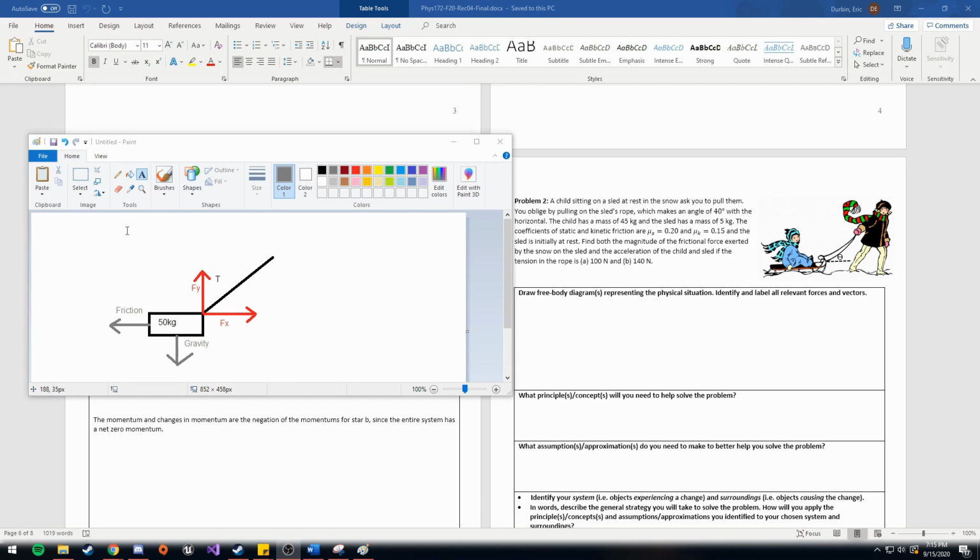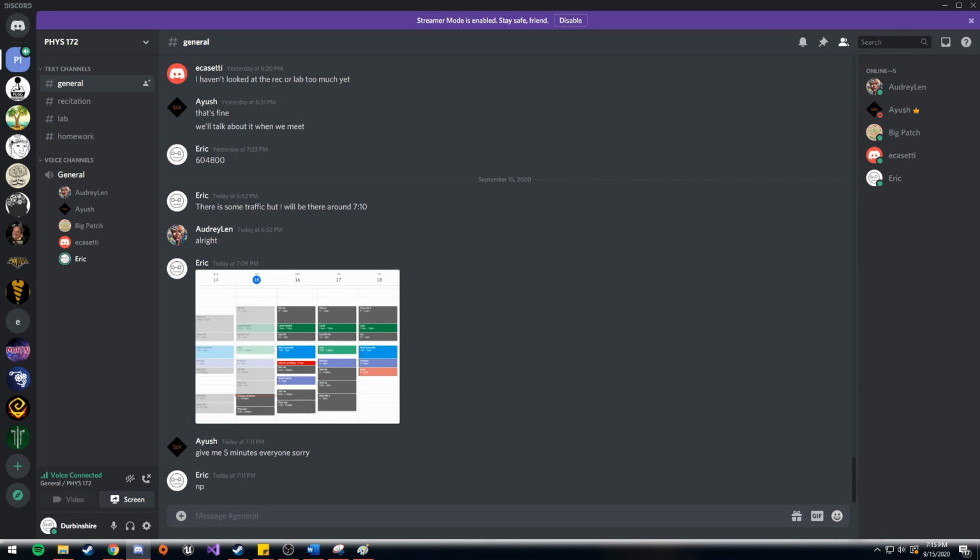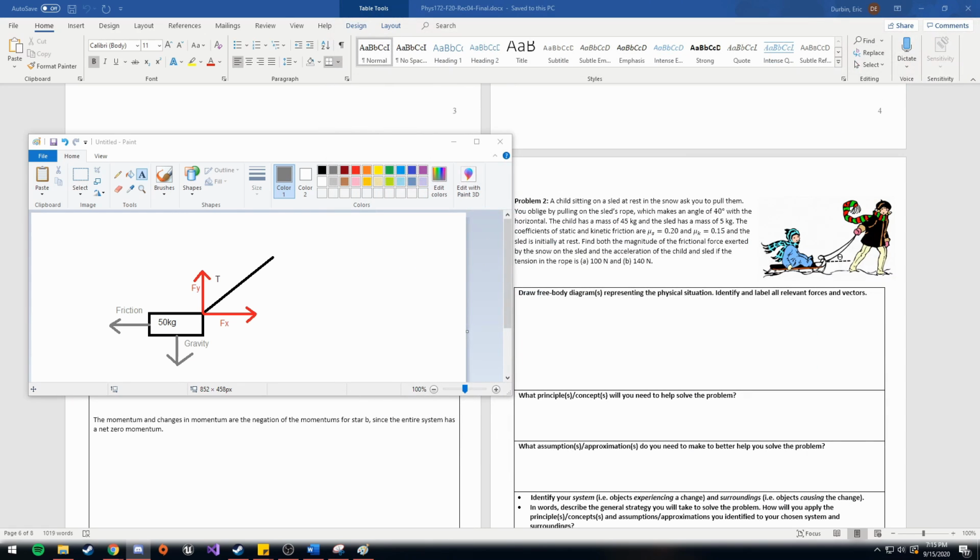Okay. So I drew a triangle for mine, kind of. I will show you what I drew for the free body diagram, if I can figure out how. Here we go.